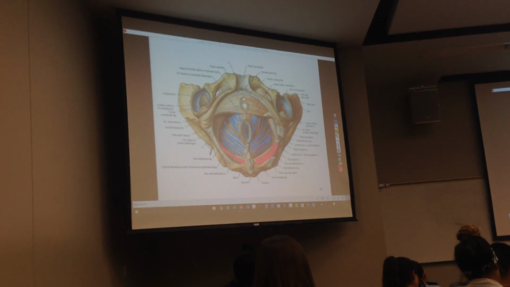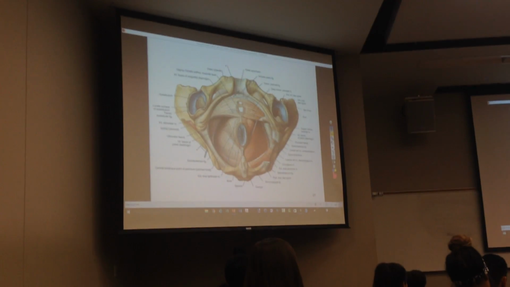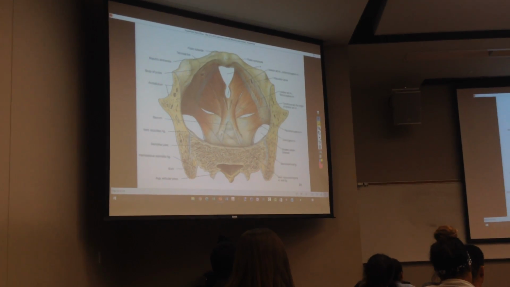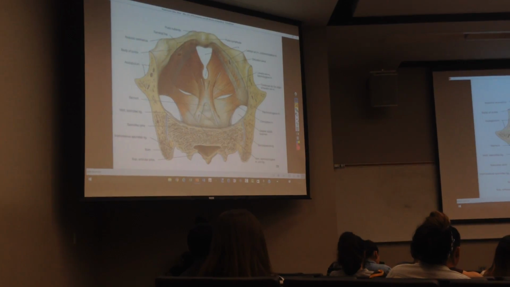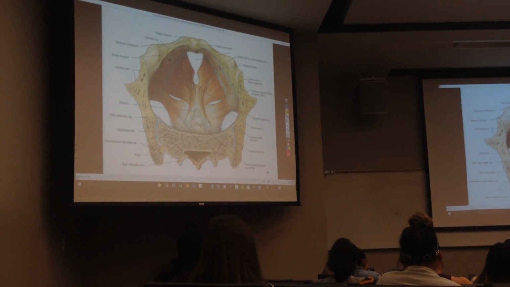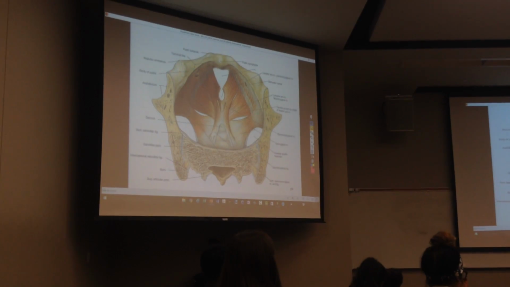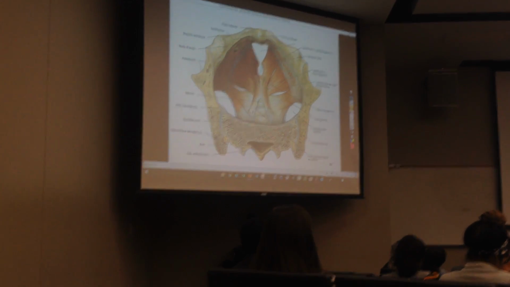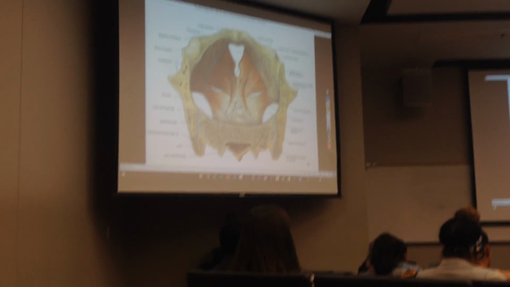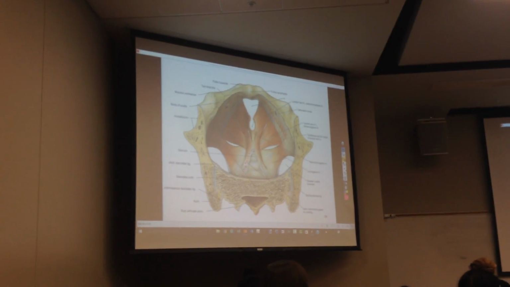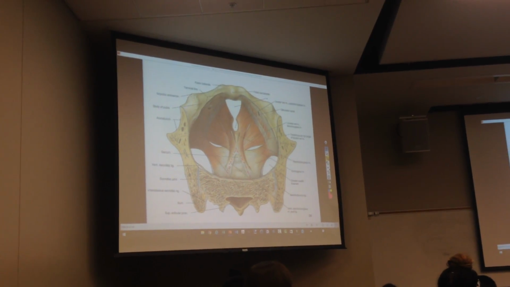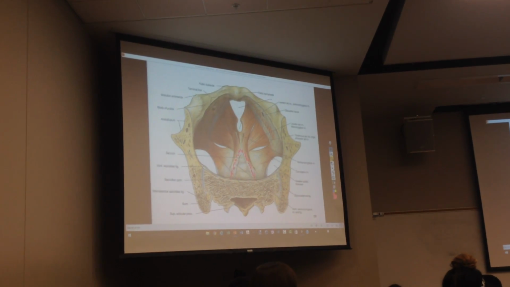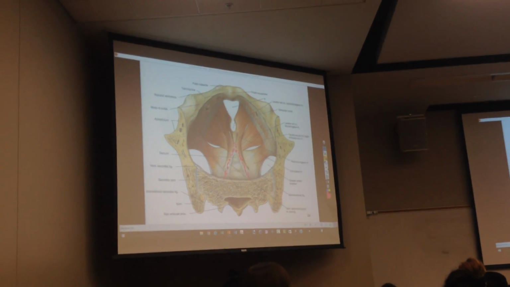Now, if we were to look from the inside, then it'll look a little bit different, because we don't have that deepest layer of muscle anymore. No more deep layer. Transversalis becomes just fascia. So instead, what we're going to have is coccygeus, and in case you can't tell, here's the sacrum right there. This is all part of the sacrum. And then there's a little bit of coccyx coming down like that.